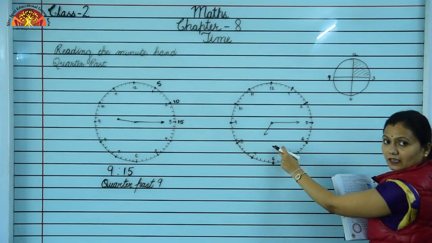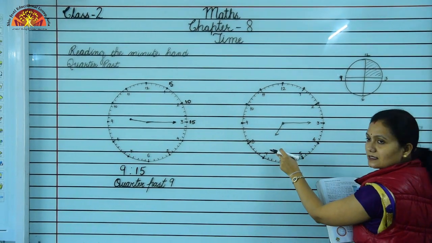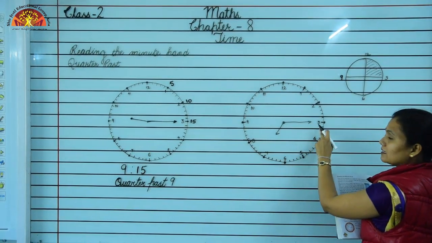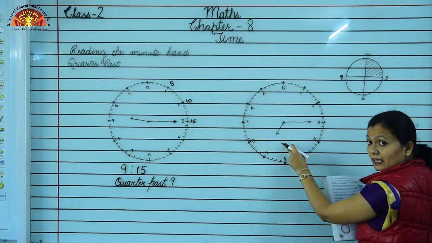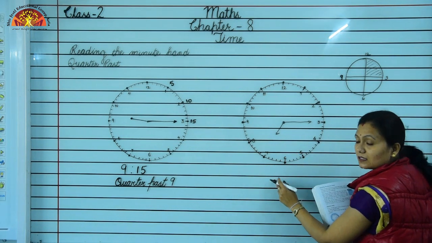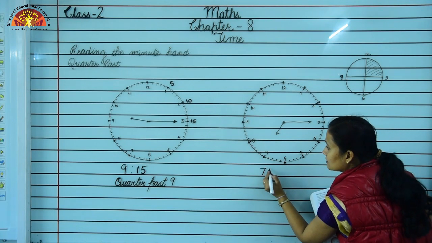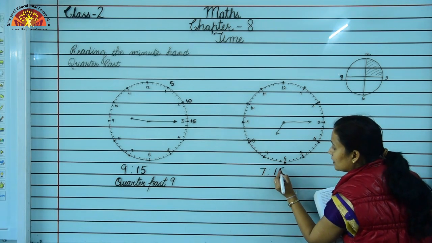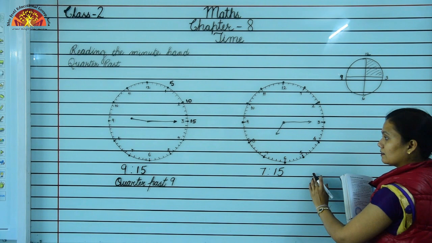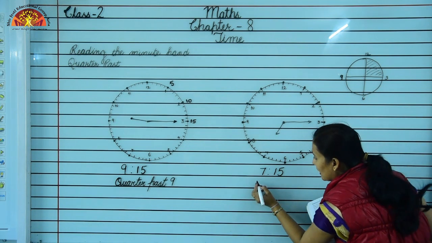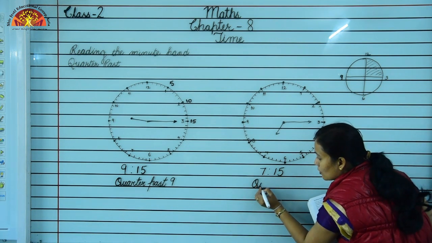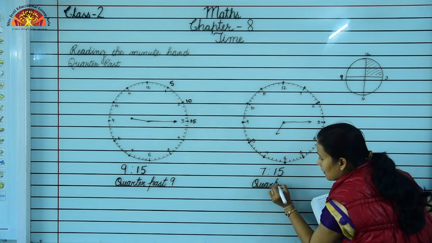Now here you can see the hour hand is at 7 and the minute hand is at 3. We can say the time is 7 hours 15 minutes, or quarter past 7.